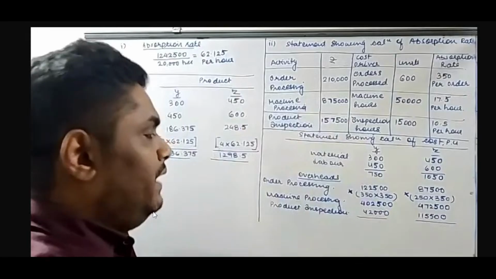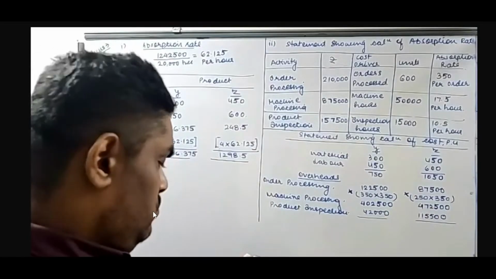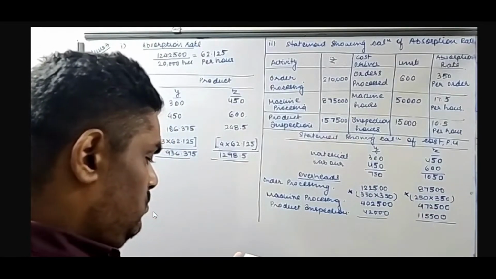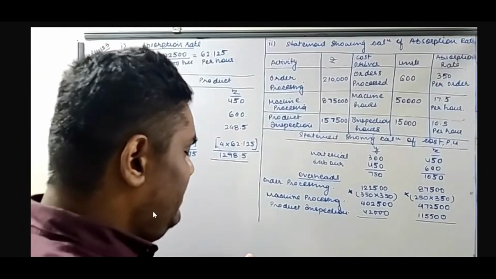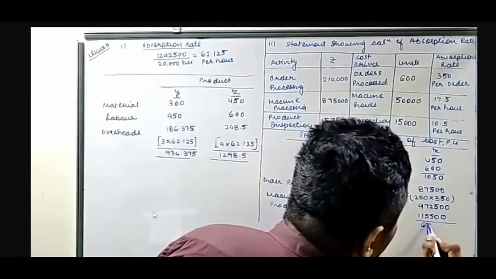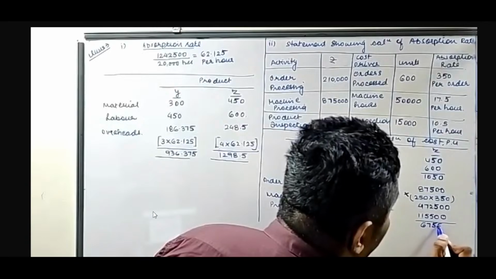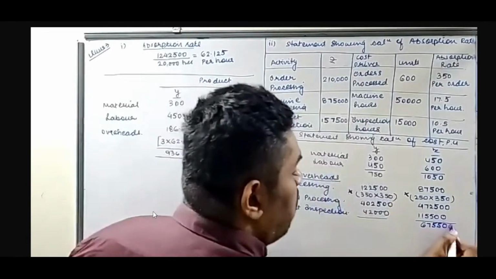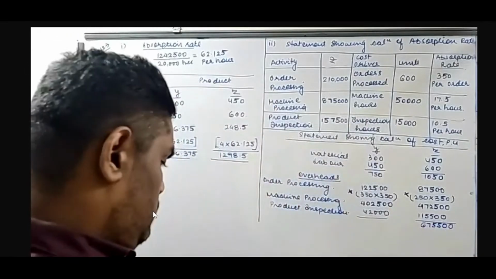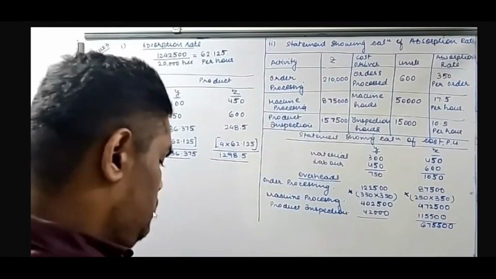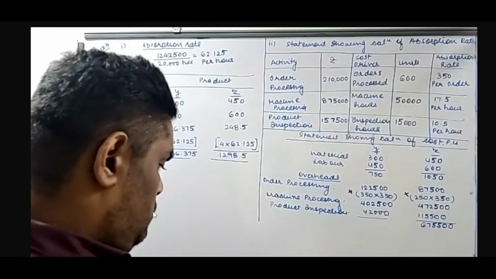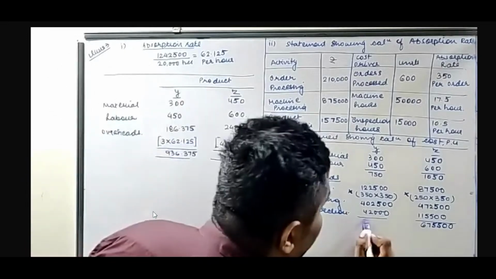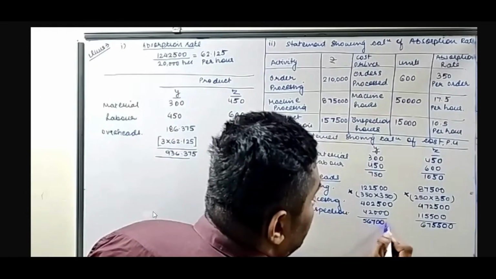So my total overheads are 675,500 and 567,000.